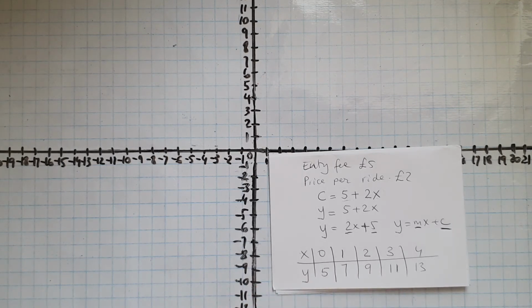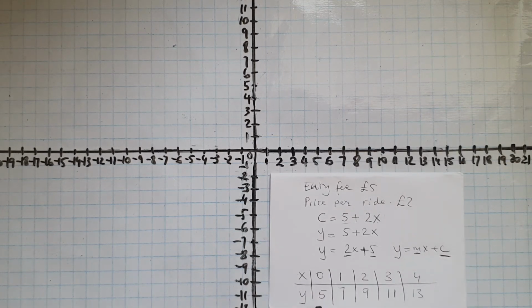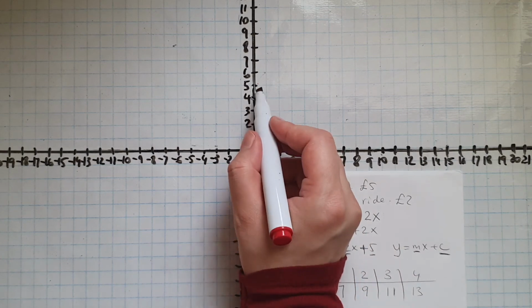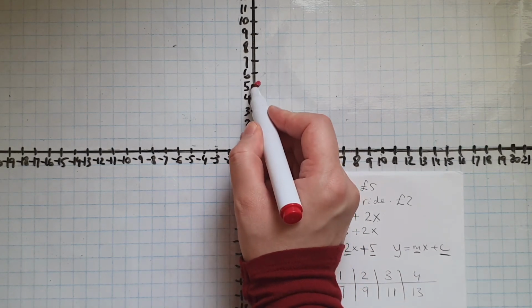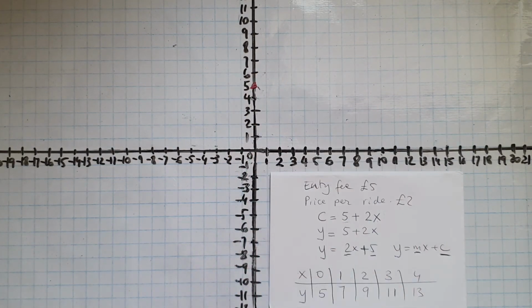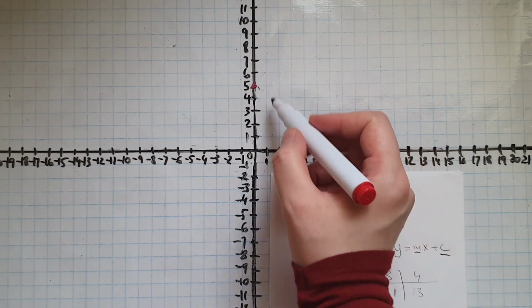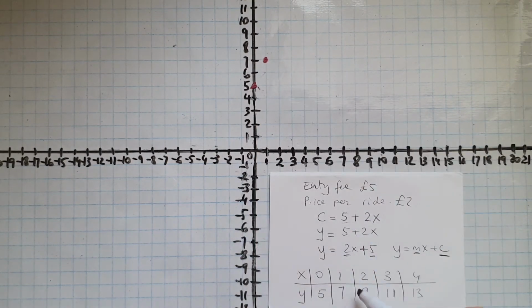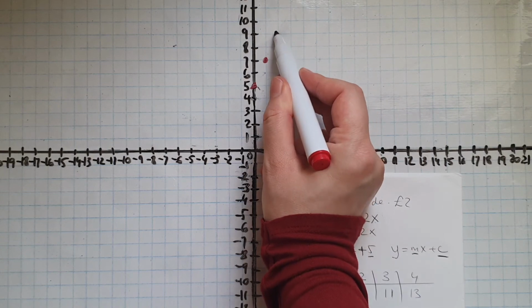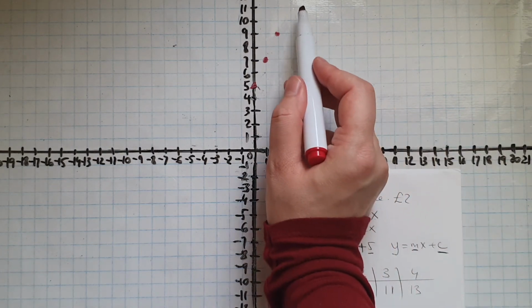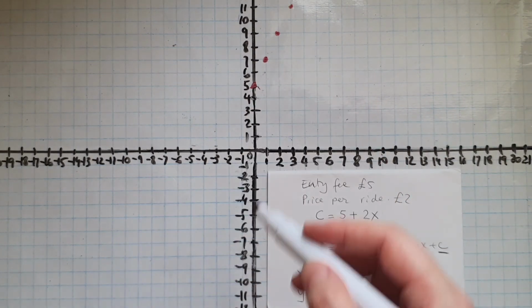So let's plot this now. So we're looking at 0, 5, 1, 7, 2, 9, 3, 11, and so on.